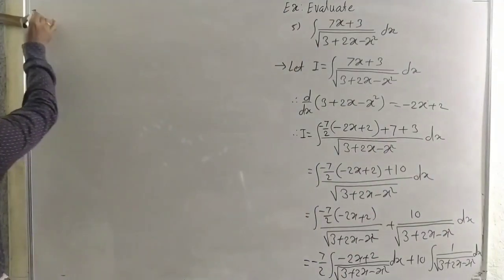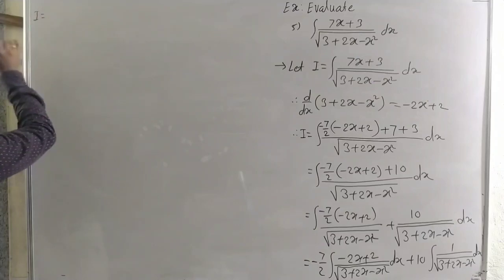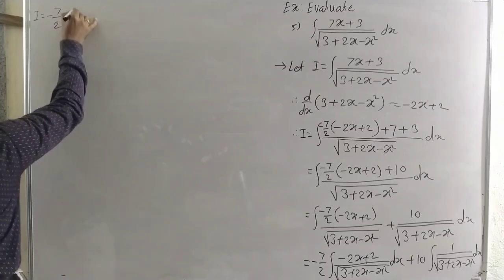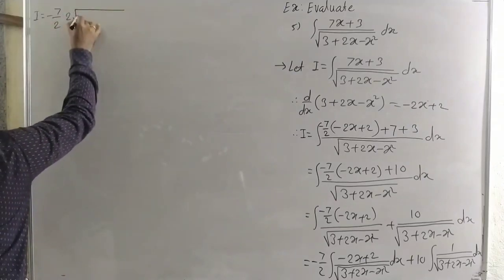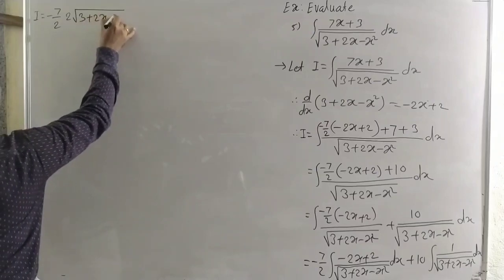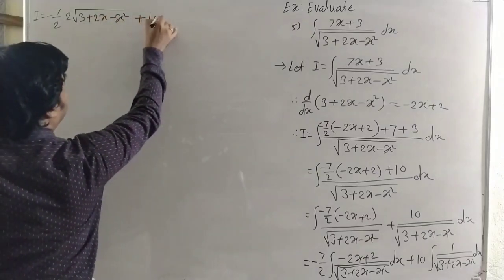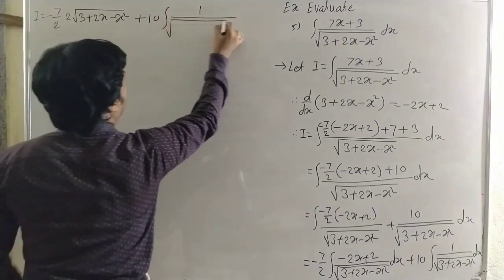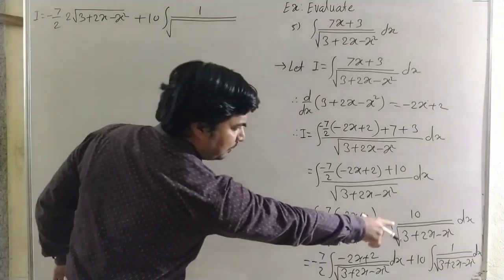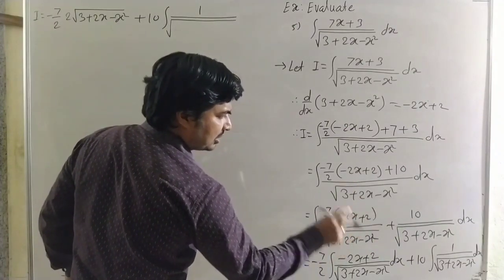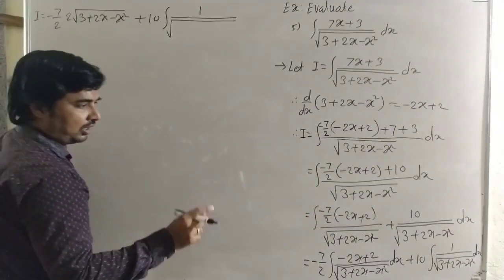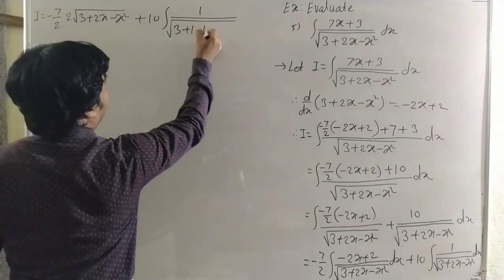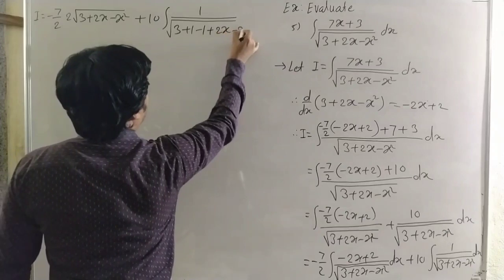Now the integral is equal to minus 7 by 2 into 2 under root f of x, it is 3 plus 2x minus x square, plus 10 into integral of 1 upon under root, we complete the square of 3 plus 2x minus x square. The coefficient of x is 2, half of 2 is 1, and square of 1 is 1. So here plus 1 minus 1, 3 plus 1 minus 1 plus 2x, and minus x square.